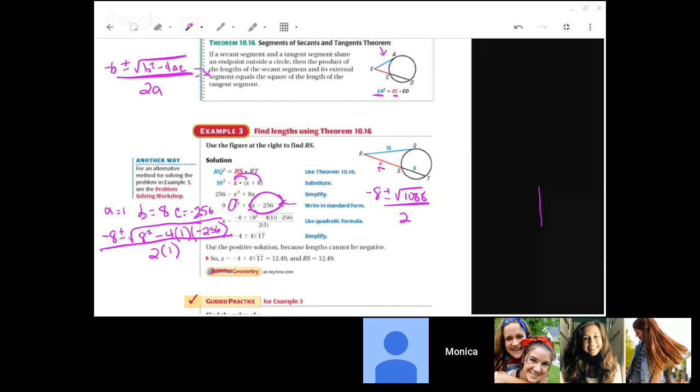When you do that, you should get one number that's positive and one number that's negative. We don't really want the negative number because we're dealing with measurements here, and we don't want to have a negative measurement.